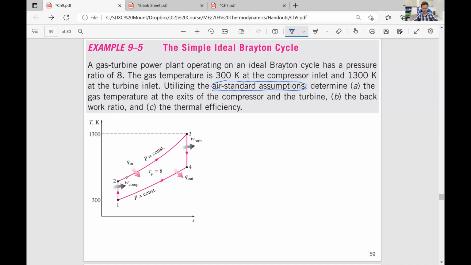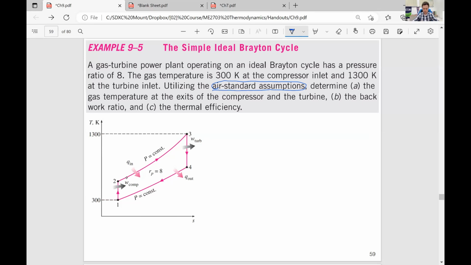All right, so we are looking for the gas temperature at the exit of the compressor and the turbine, and the back work ratio and thermal efficiency. Similar to the Otto and Diesel cycles, all we need to do is get the pressure and temperature for every state. However, in this case, the pressure information is unknown, so we are unable to get the pressure of each state.